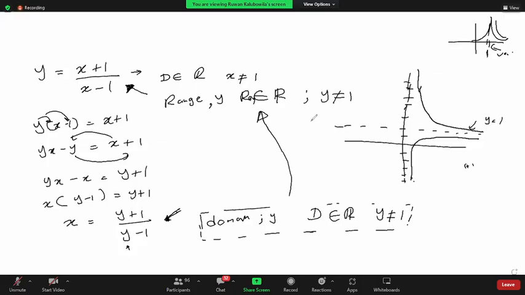If you plot a graph for the range, it should look this way. And we have a specific case, we call this a horizontal asymptote. So this is a horizontal asymptote.